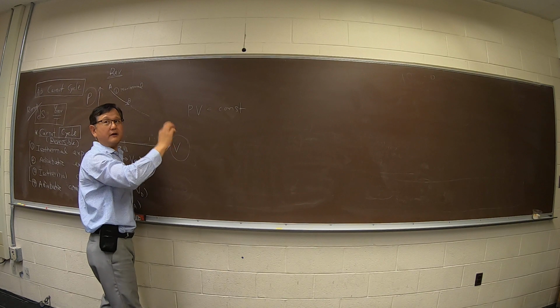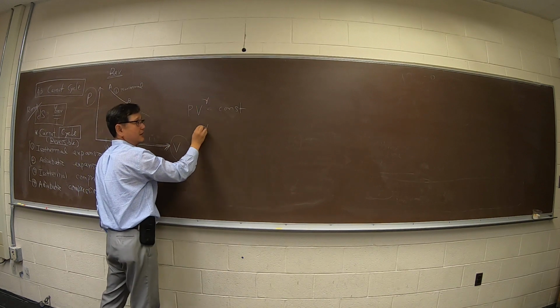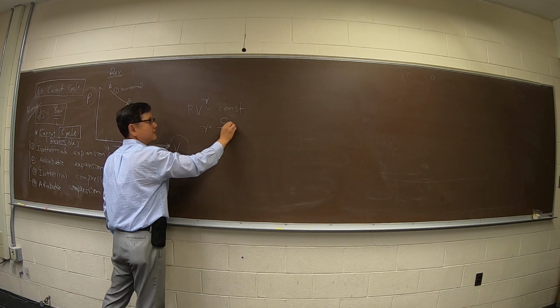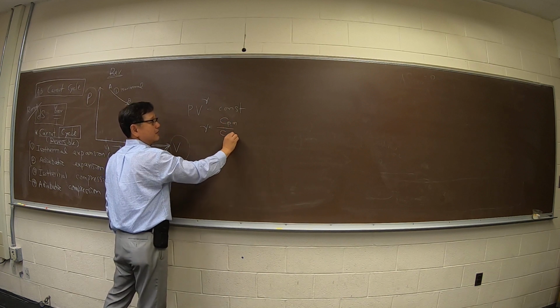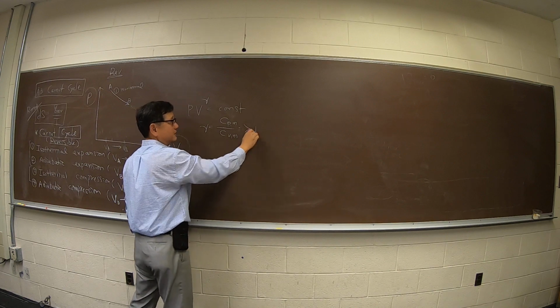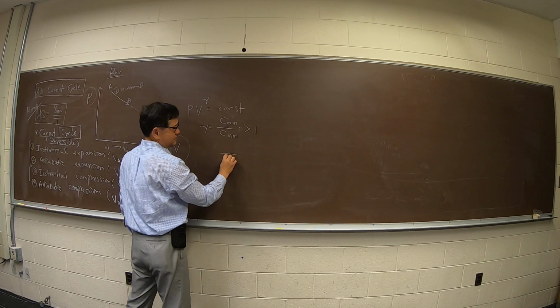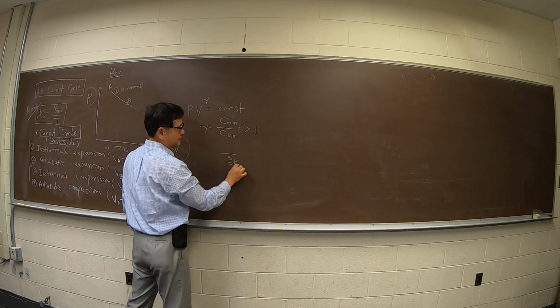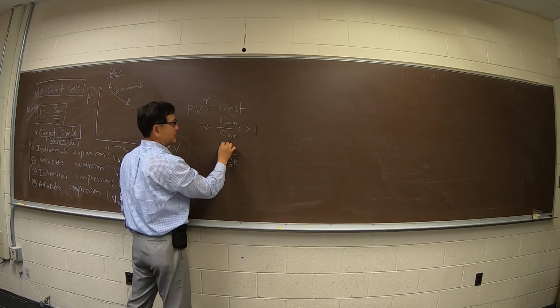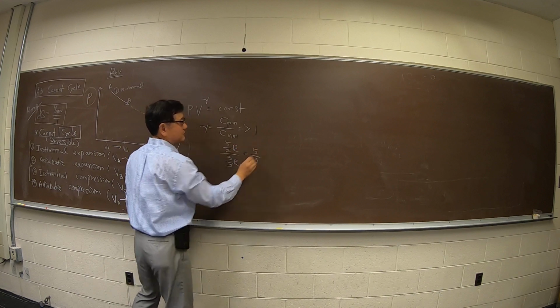What about adiabatic reversible? It's PV to the gamma, and gamma is CPM divided by CVM, and this is definitely bigger than 1. Typically, this is like 5/2 R over 3/2 R, so for example here it is 5 over 3.